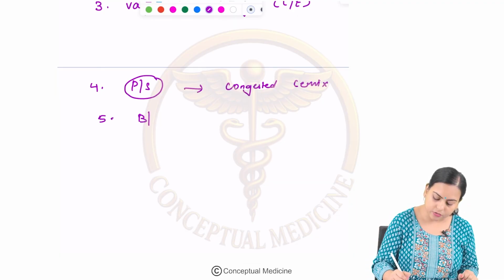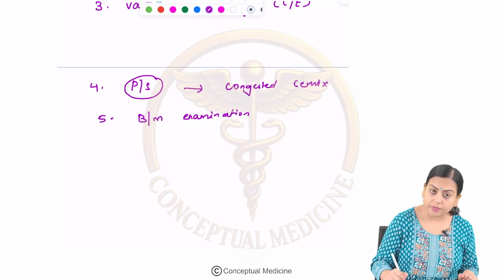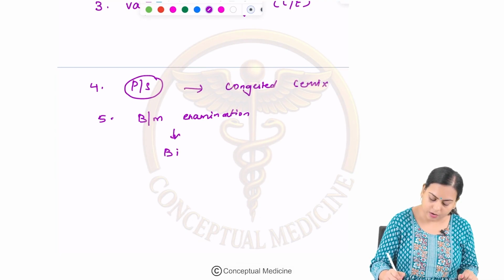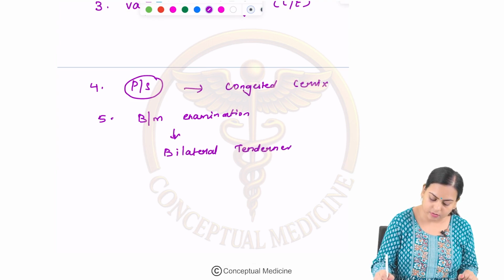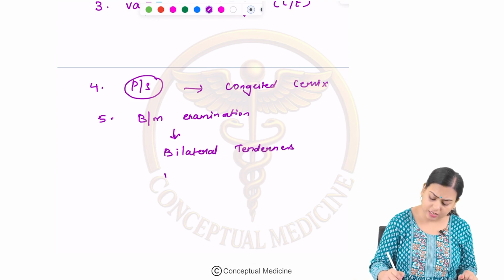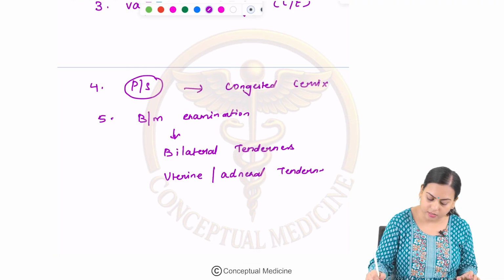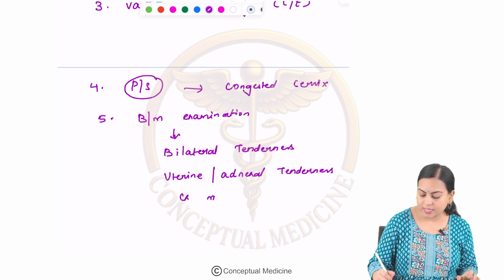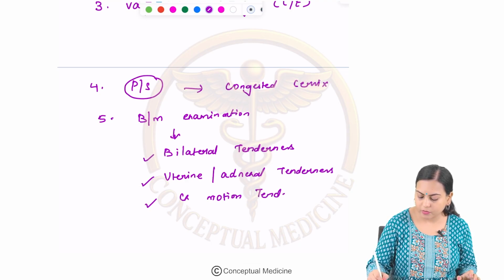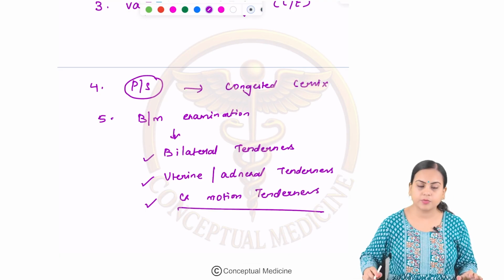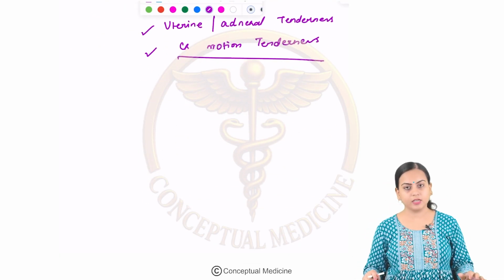And finally, when you do a bimanual examination, it will reveal bilateral tenderness. Okay, that is uterine or adnexal tenderness and cervical motion tenderness especially. Okay, so this is one specific sign of pelvic inflammatory disease.